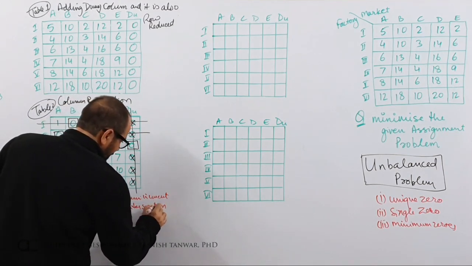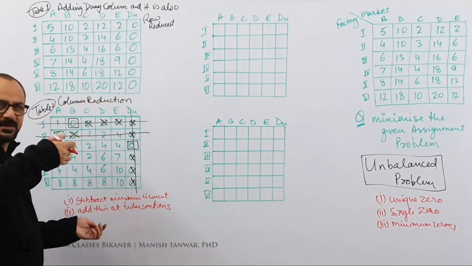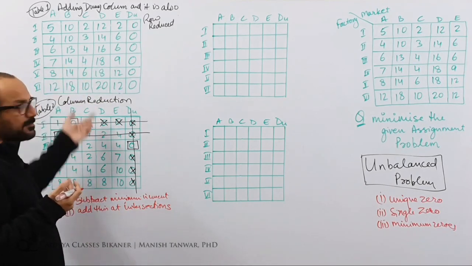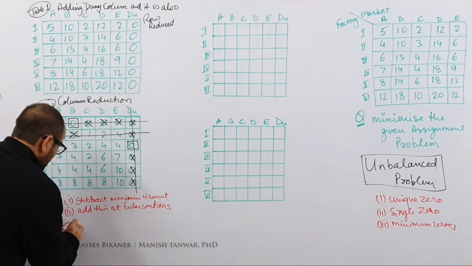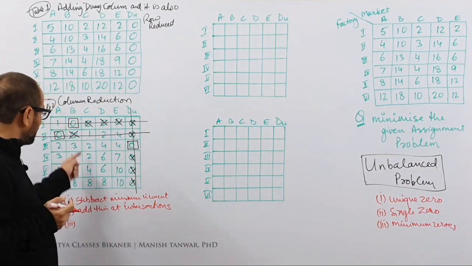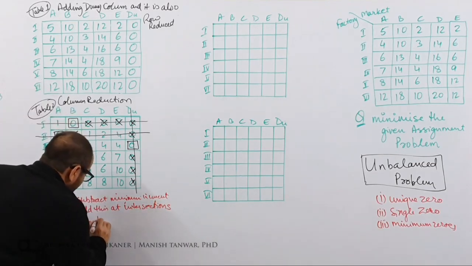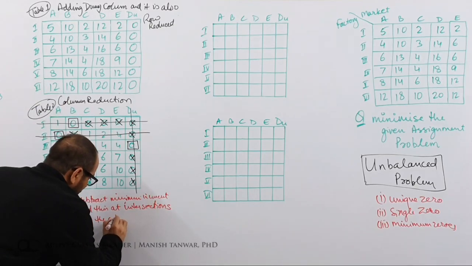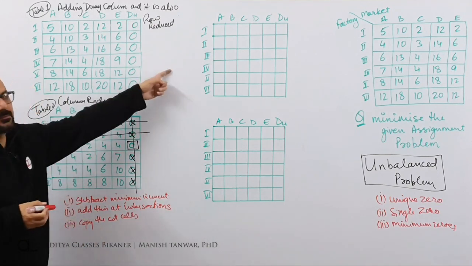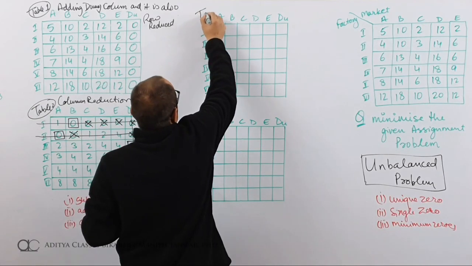I am not writing these in detail because we have separate videos from previous lectures where we have talked about degeneracy and resolving degeneracy. I'm just writing these in brief so that you get a reminder. Subtract the minimum in all uncut cells, add this to the intersections, and copy the cut cells. So these are the 3 steps to transfer it to our next table. The next table would be table 3.